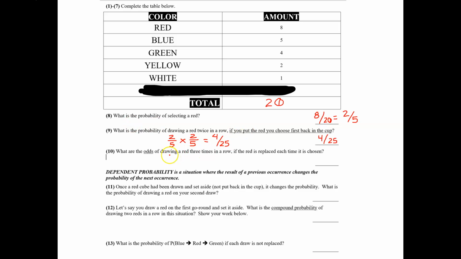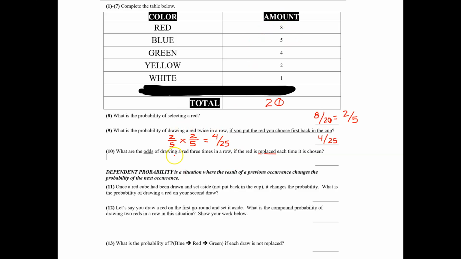What are the odds of drawing a red 3 times in a row if the red is replaced each time it is chosen? So here's that word replaced. That means that after each draw, we are putting the cube back into the cup. So for every draw, the situation is the same. It looks like this.